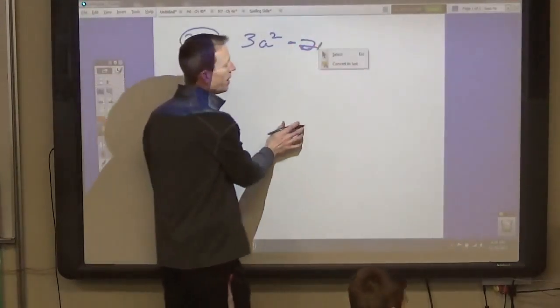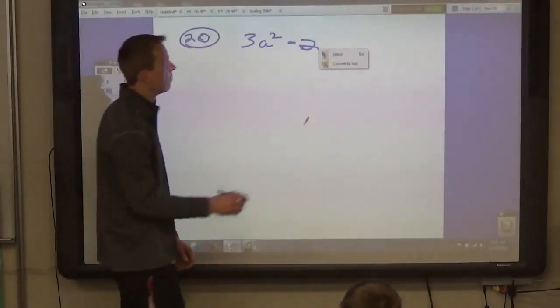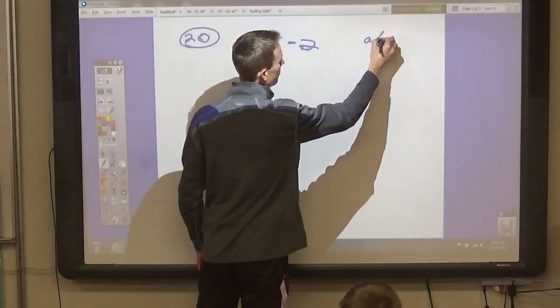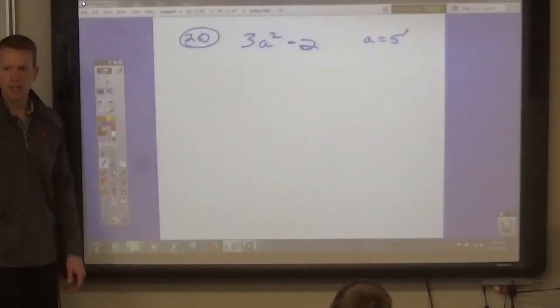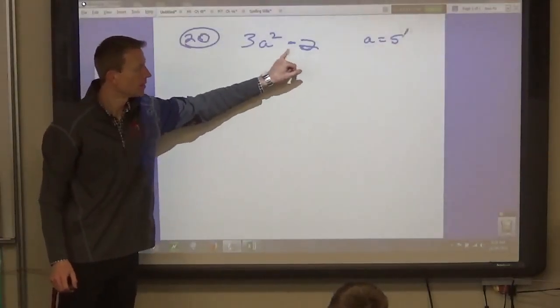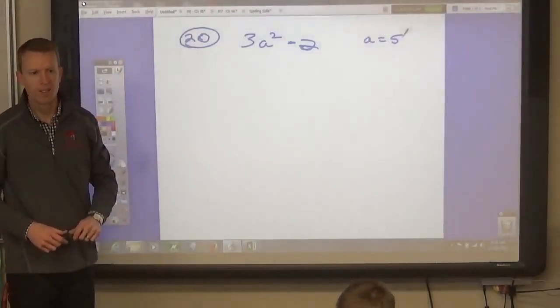Okay? And then they give you that a is equal to 5. What do you do with this? It says evaluate, meaning that we have to find the value of this when a is 5. Good.